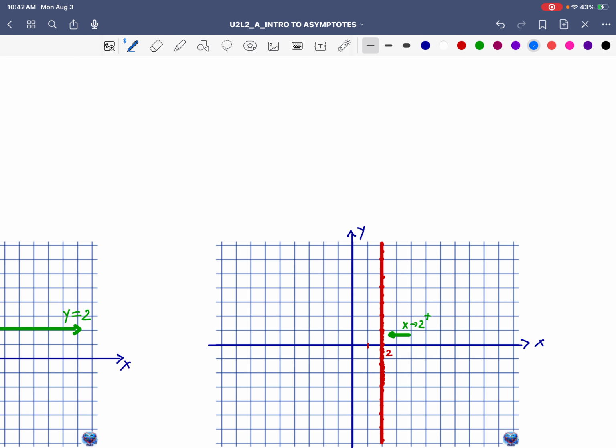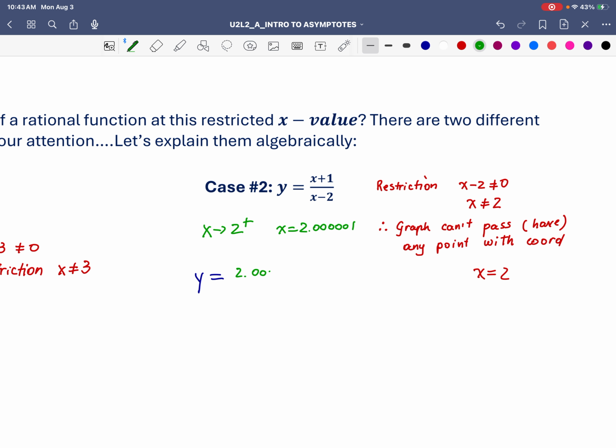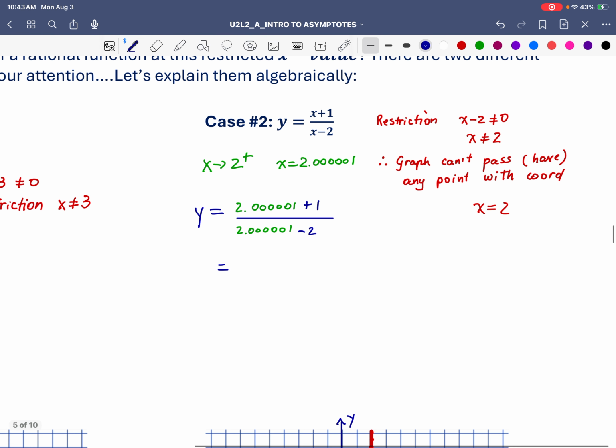If x is approaching 2 from the right-hand side, it means that, say, x equals 2.000001, for example, then the function will become y equals 2.000001 plus 1, divided by 2.000001 minus 2. So very simple mathematical operations in here.